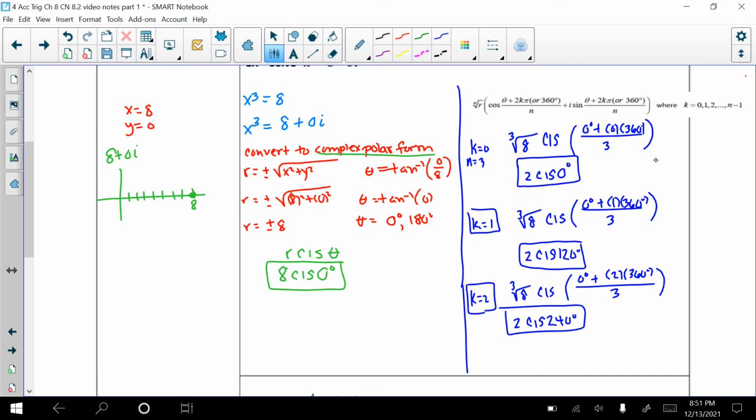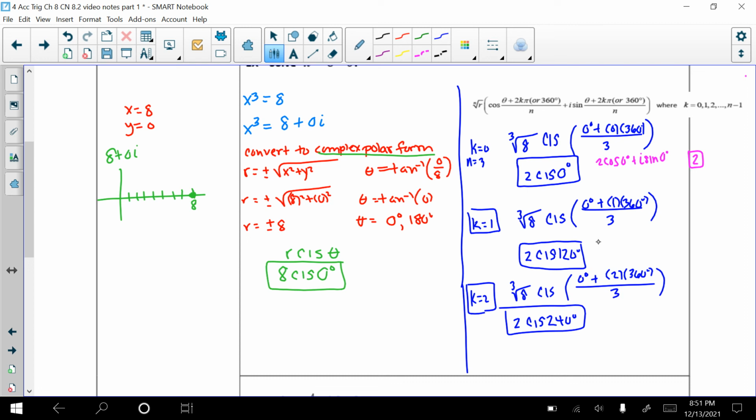So if we take a look at 2 cis 0 degrees, that is 2 times cosine of 0 degrees plus i times sine of 0 degrees. Well, cosine at 0 degrees is 1, so that is 2. I times sine of 0, well, sine of 0 is 0. That just gives us the real number 2 overall.